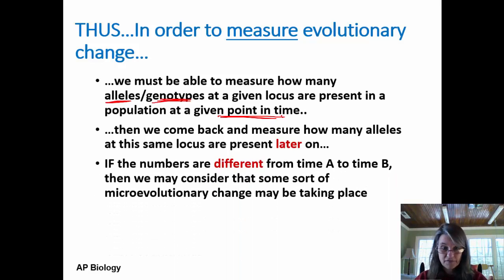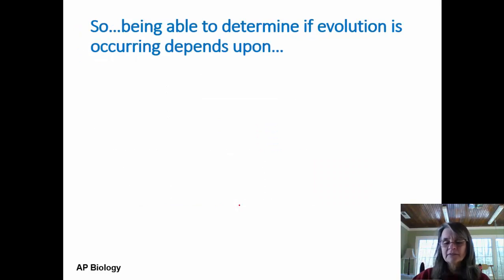If those numbers are different from time A to time B, then we should be able to assume that some sort of microevolutionary change may be taking place in that population. Maybe we're getting fewer big A's and there's more little a's. Maybe there's a selection pressure in the environment that is favoring that little a allele.